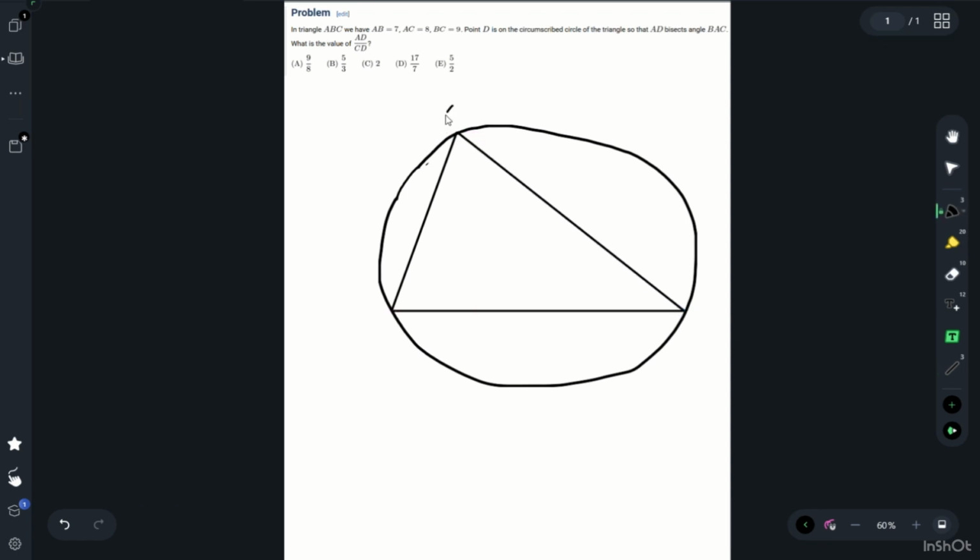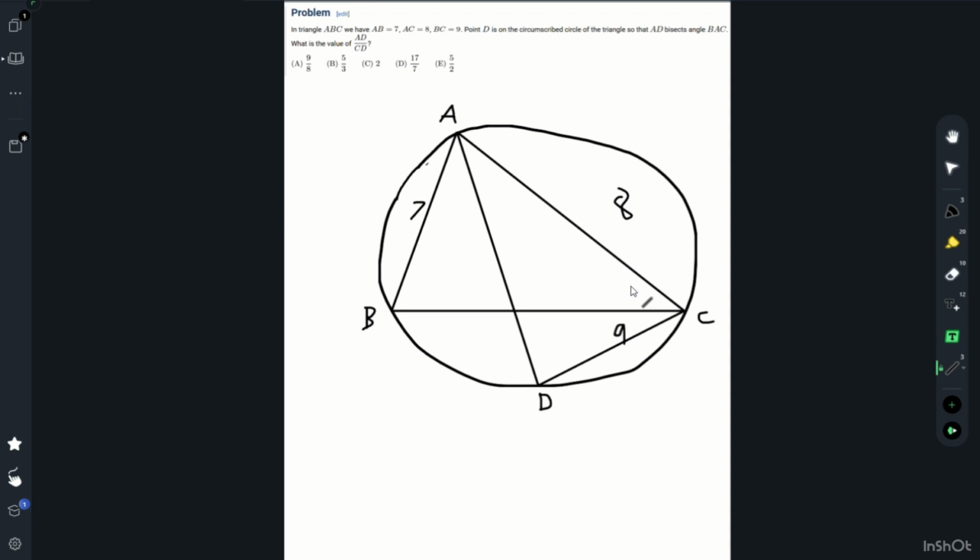And now we have to label. So now we have this, we also now have to put in what it says over here, the D. So what we're trying to find is AD over CD.